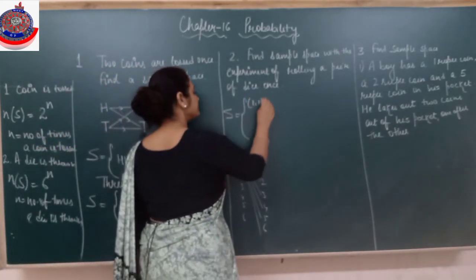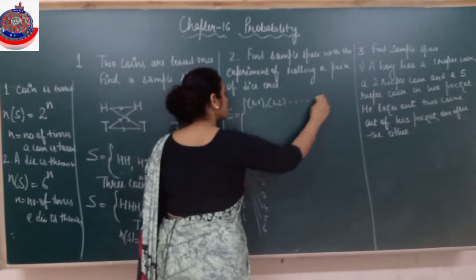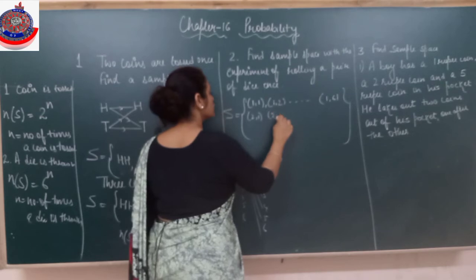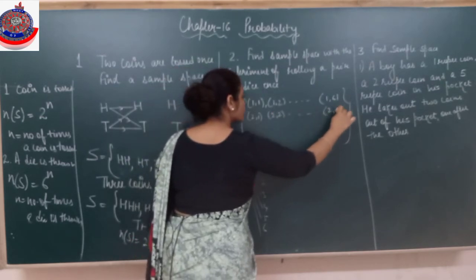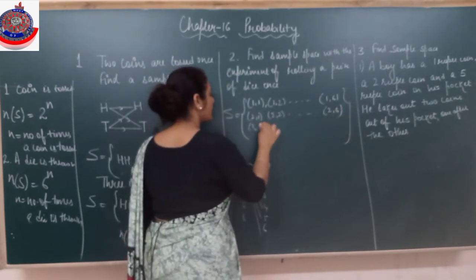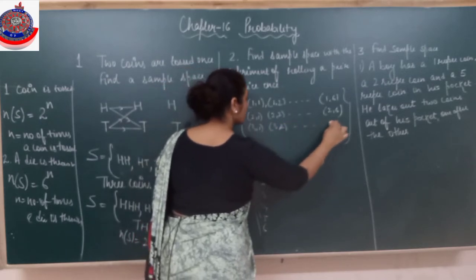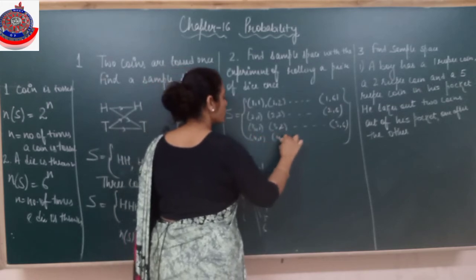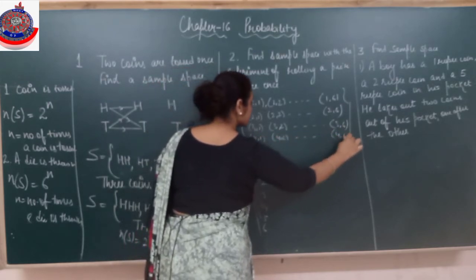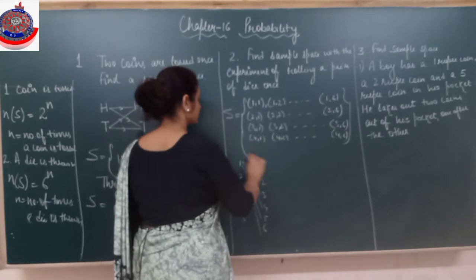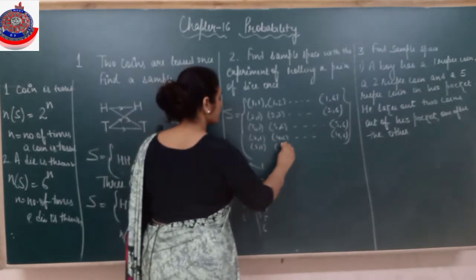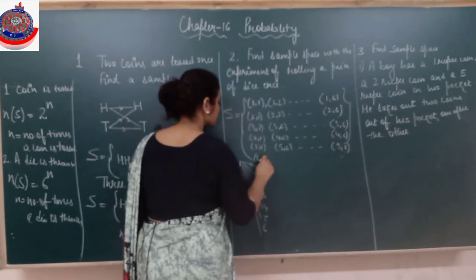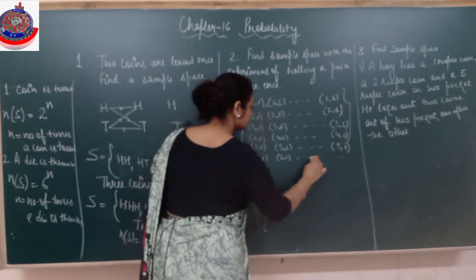So it will be 1,1; 1,2; 1,3 up to 1,6; 2,1; 2,2 up to 2,6; 3,1; 3,2 up to 3,6; 4,1; 4,2 up to 4,6; 5,1; 5,2 up to 5,6; 6,1; 6,2 and so on.